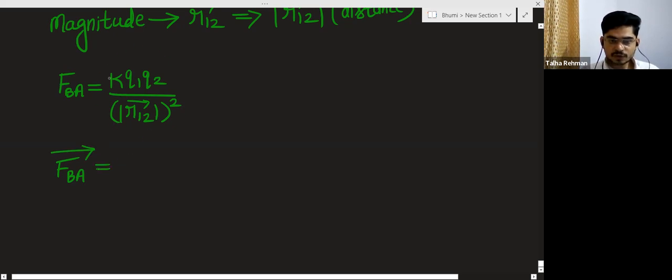This is the magnitude of this. I will write the magnitude simply as k q1 q2 divided by the r12 vector mod squared, and I will multiply this with the unit position vector.